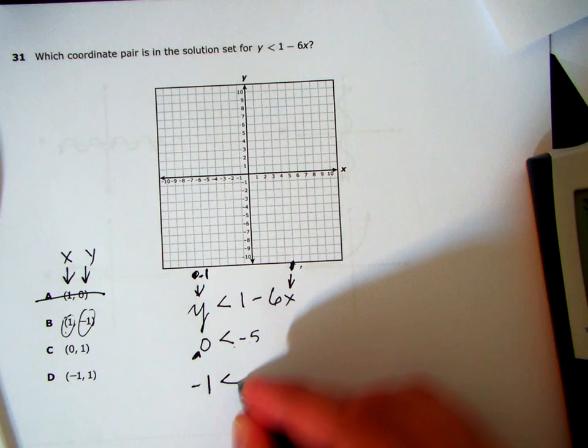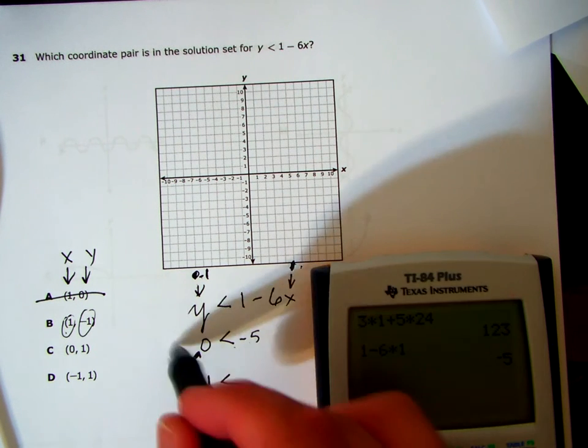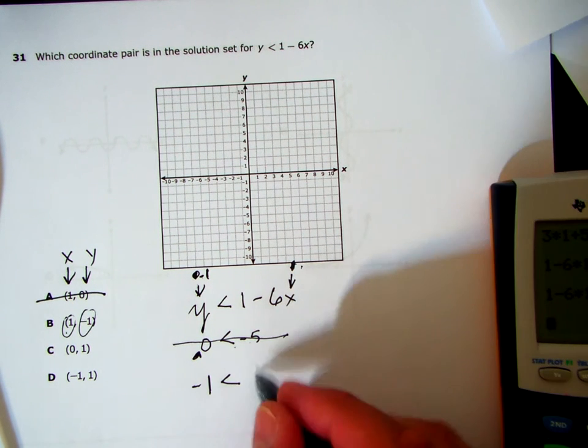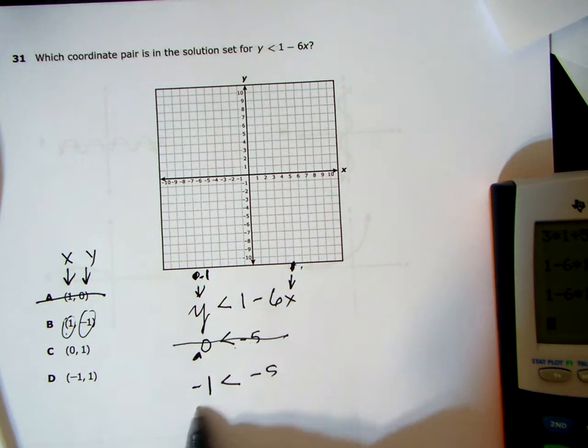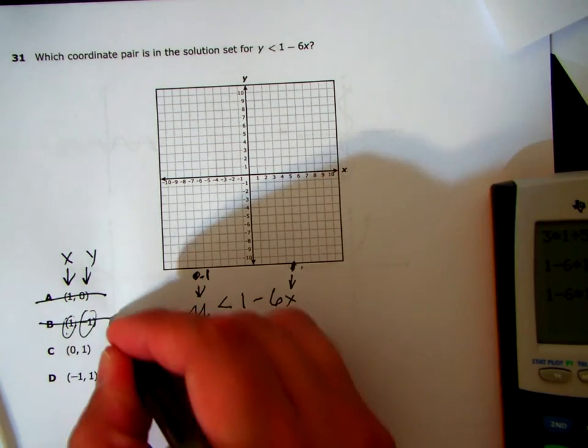That means it's less than, and then we decided this one couldn't be it, right? So 1 minus 6 times 1 is -5. Is -1 smaller than -5? No, the bigger the negative, the smaller the number. So it cannot be that one.